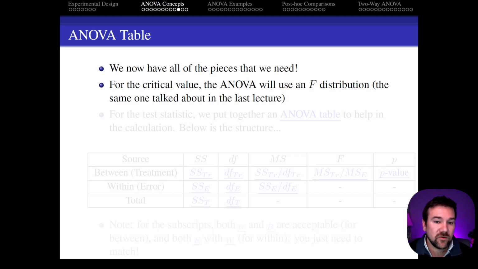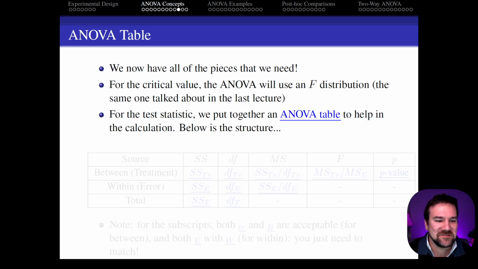The critical value that we're going to use for this eventually is going to be the F distribution, the same one that we talked about when we analyzed the ratio between 2 variances. And as we're comparing the between variability to the within variability, the fact that we're using a distribution that we used for comparing 2 variances might make a little bit of sense.